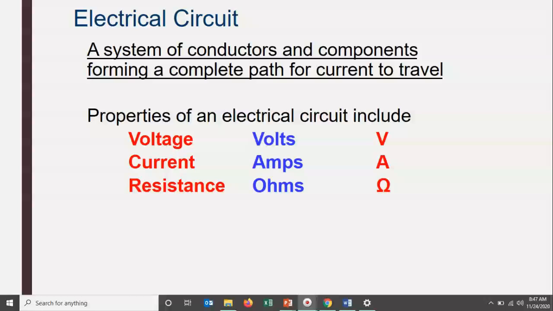Once again, a circuit in general is just a system of conductors, of components forming a complete path for current to travel, meaning that it is allowing energy to flow through a system. So when you plug in your phone with your charger, you are creating a circuit to the battery to allow that battery to charge up again.